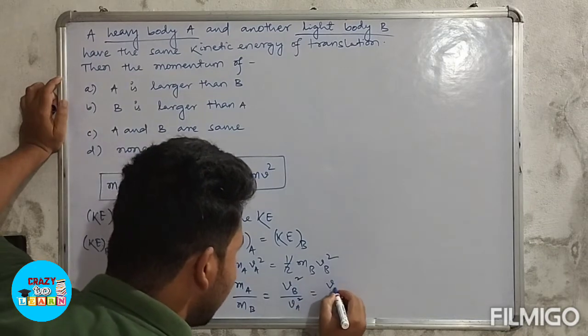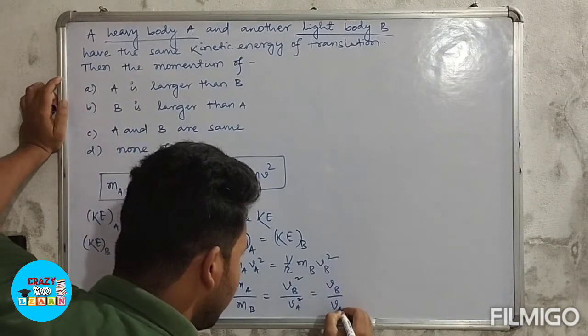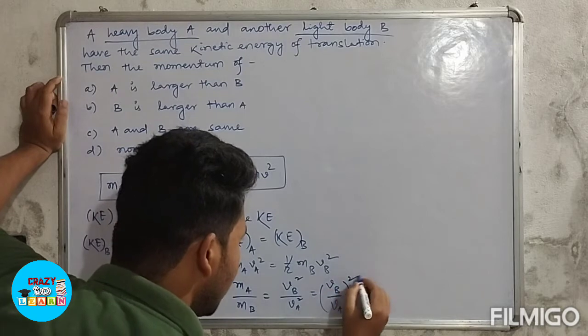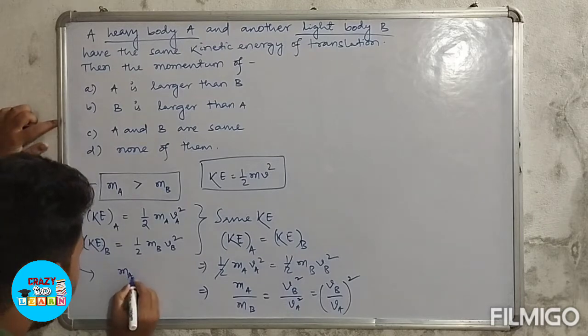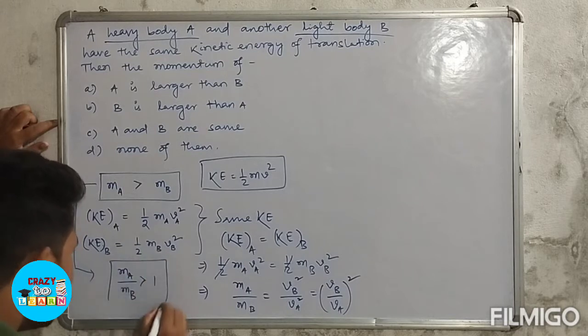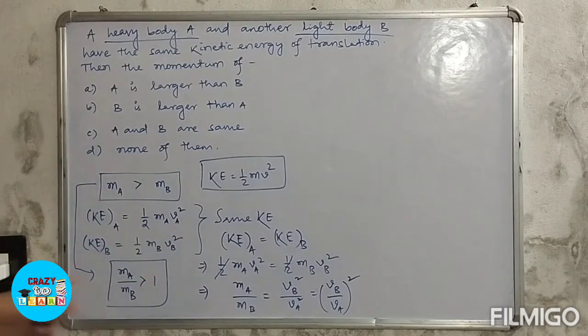We can write it as vb by va whole square. Clear? Then going to this relation, we know that ma is greater than mb. So ma by mb is greater than 1. As ma is greater than mb, ma by mb is greater than 1.